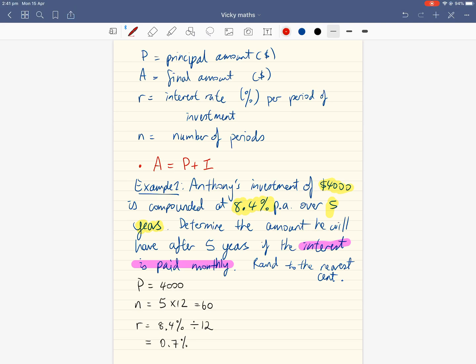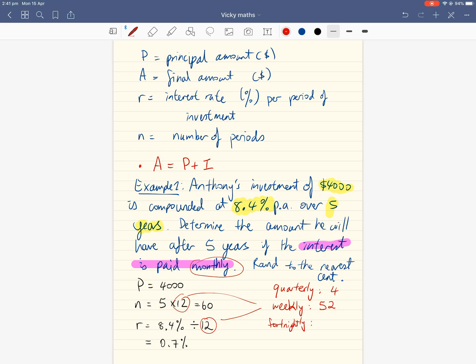Now, take note that because it is monthly, that's why we have 12. If your question was saying something about quarterly, then you would multiply or divide by 4 because there are 4 quarters in a year. If your question was talking about weekly, then you'd be dividing or multiplying by 52 because there are 52 weeks in a year.